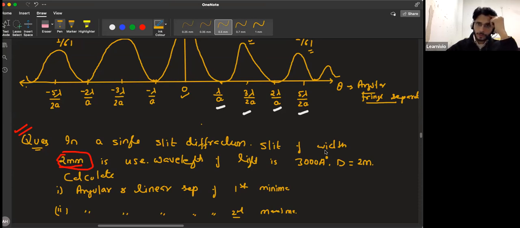Saifullah, in the first part, where is the angular separation? You just calculated the linear separation of the first part. Where is the angular one? You're supposed to calculate both, na, linear and angular. In the second part also, you calculated just the linear separation, but it's not correct.